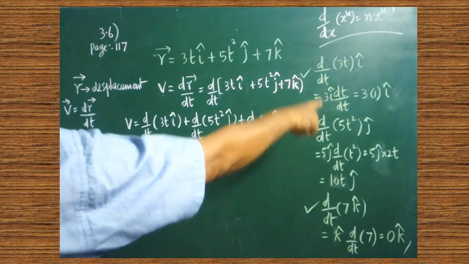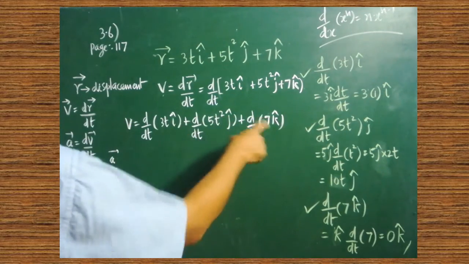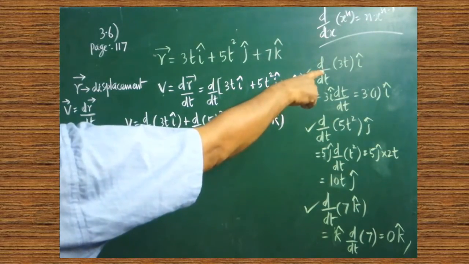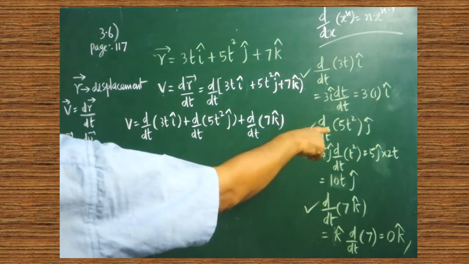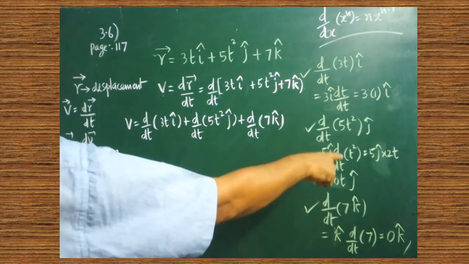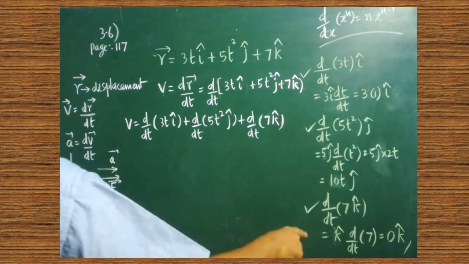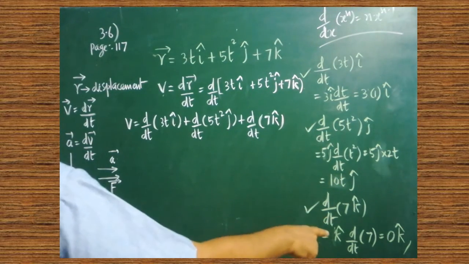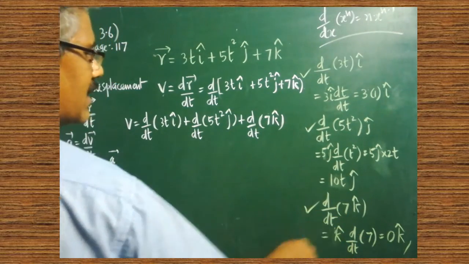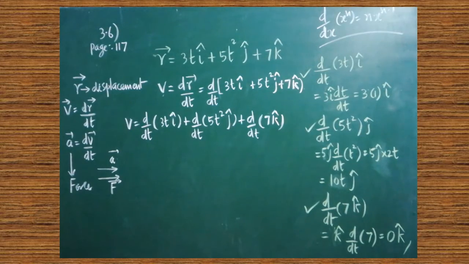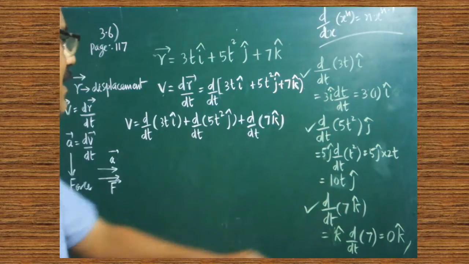Already I have differentiated all the individual factors. d by dt of 3t i is how much? 3 i cap. d by dt of 5t square is equal to how much? 10t j cap. d by dt of 7k cap is equal to 0 because 7 is a constant. If a constant is differentiated, you will get 0. You apply the formula, you will get the answer.